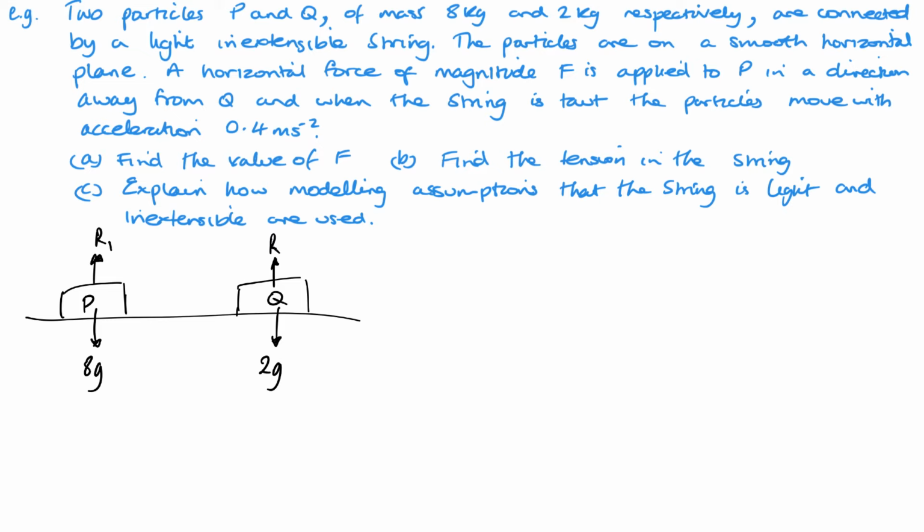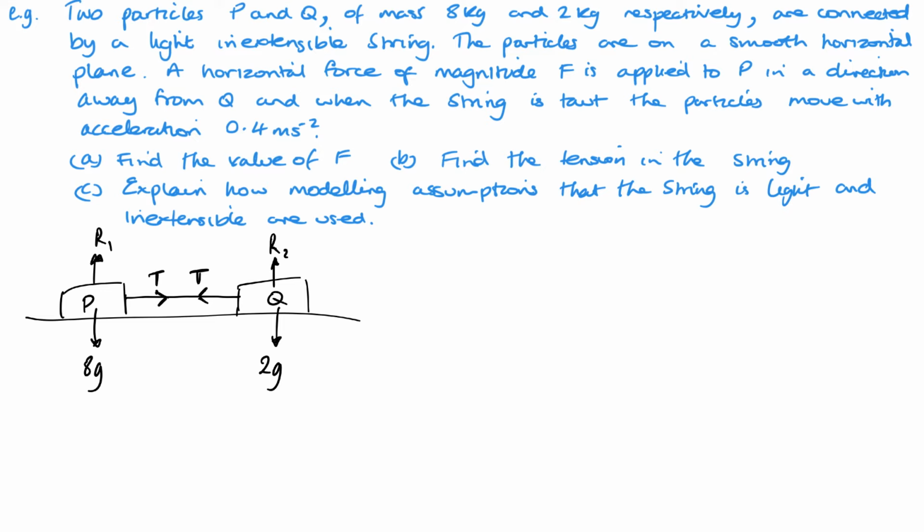Now these normal reactions are going to be different, because the particles weigh different amounts. They are connected by a light inextendable string. So connect them with a string, and then the tensions are going to point towards each other.